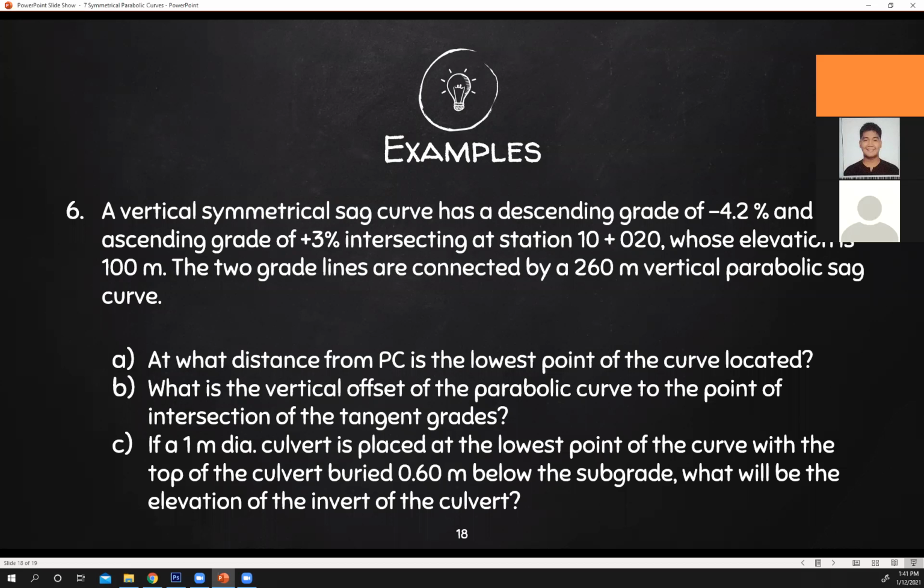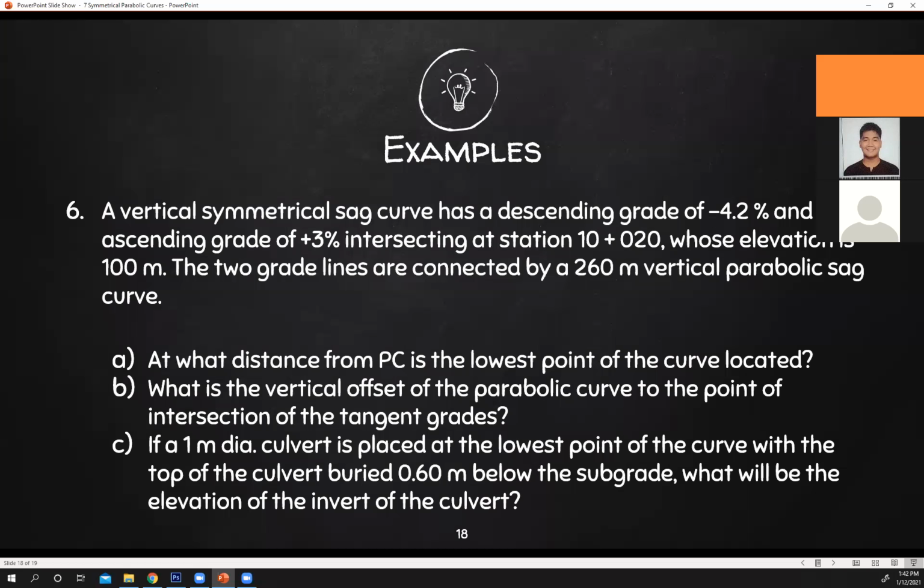A vertical symmetrical sag curve has a descending grade of negative 4.2% and an ascending grade of positive 3% intersecting at station 10 plus 020, whose elevation is 100 meters. The two grade lines are connected by a 260-meter vertical parabolic sag curve. Letter A, at what distance from PC is the lowest point of the curve located?